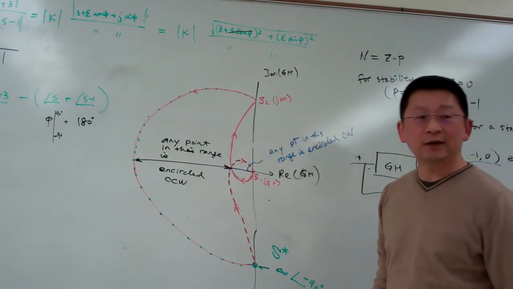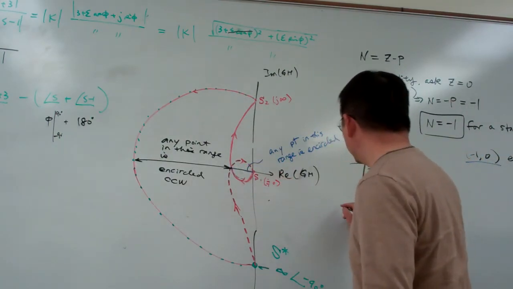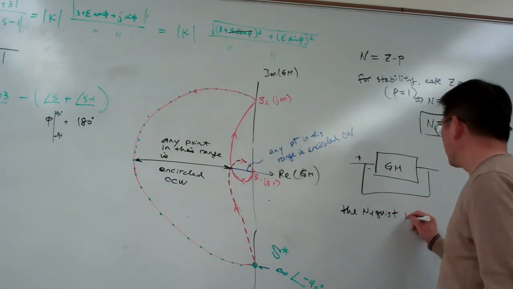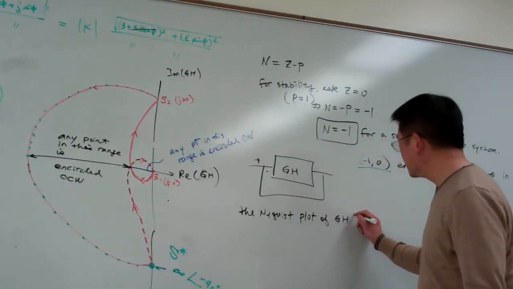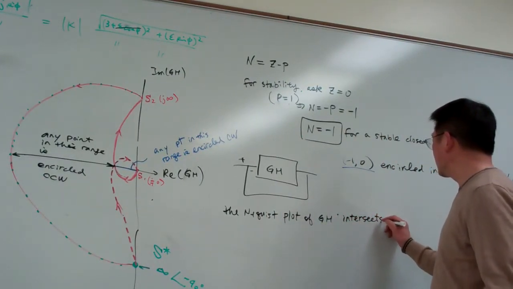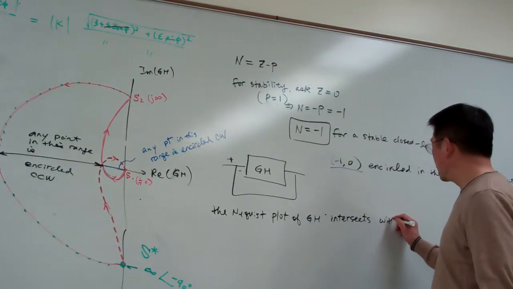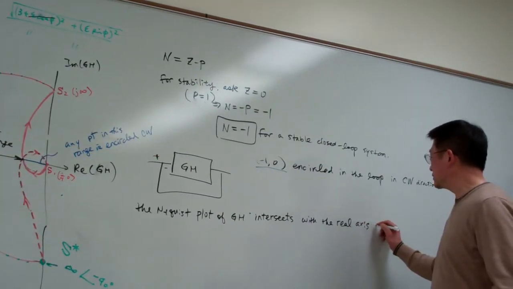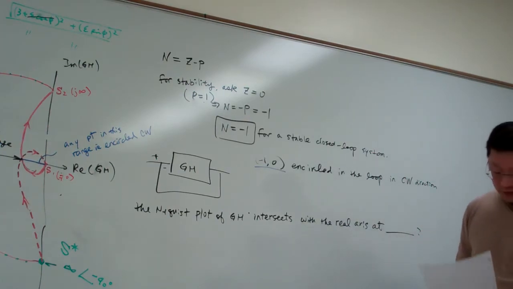Let's do it. Okay. So for this one, the Nyquist plot of GH intersects with the real axis at where? And I'm going to determine this one.